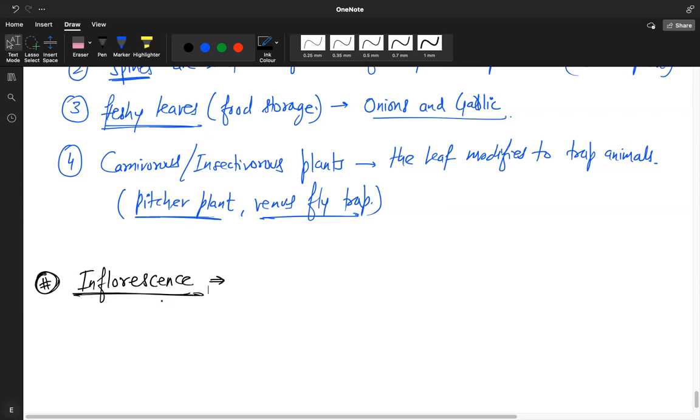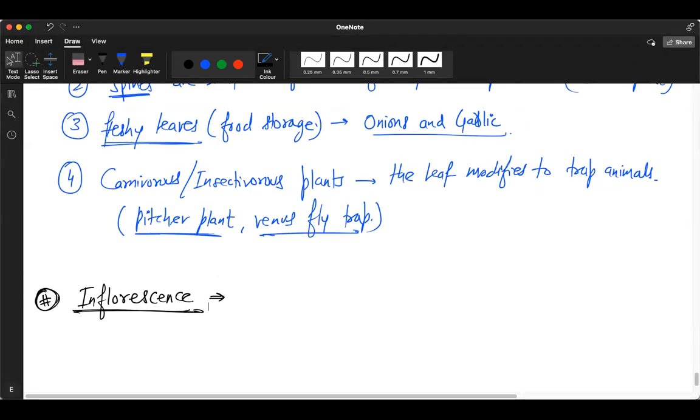They are visible. But sometimes what happens is many flowers are just present together in a bunch. Do you understand what I'm talking about? If you have NCERT, please go to your NCERT and let me take this figure.